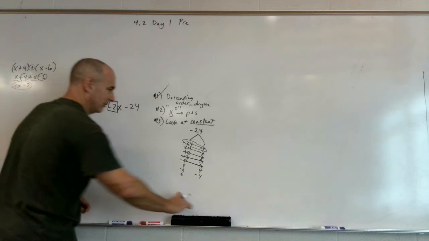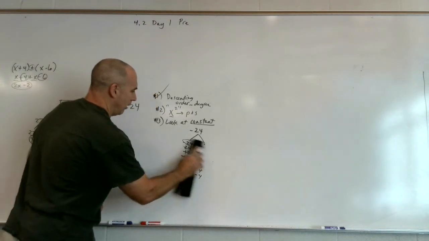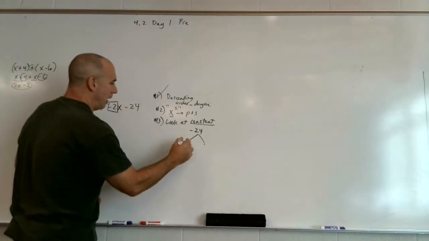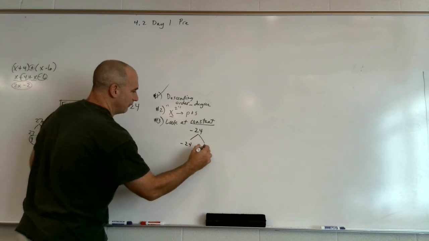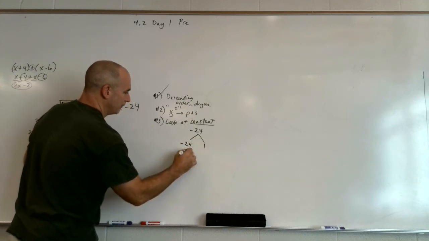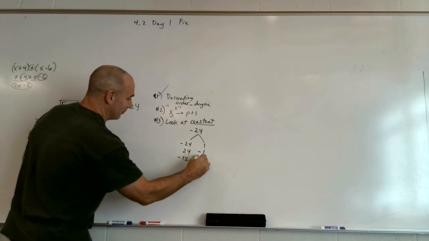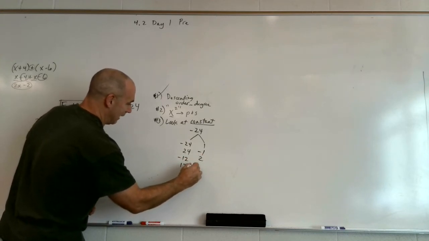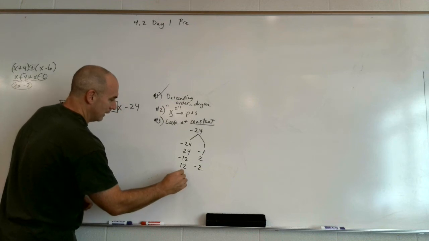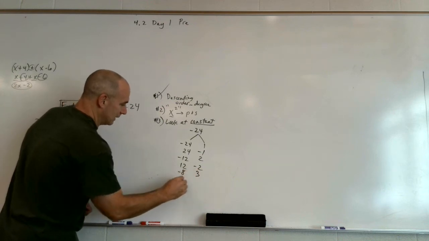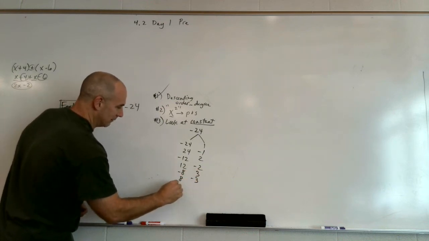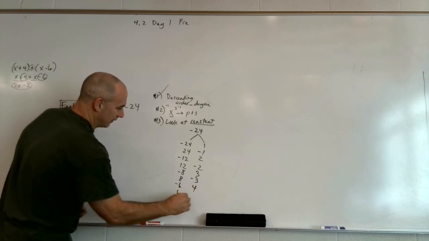Sorry. Negative 24 and 1, negative 12 and 2. I've got to go back and watch that. That's going to look crazy. And then I get negative 8 and 3, 8 and negative 3, negative 6 and 4, 6 and negative 4.